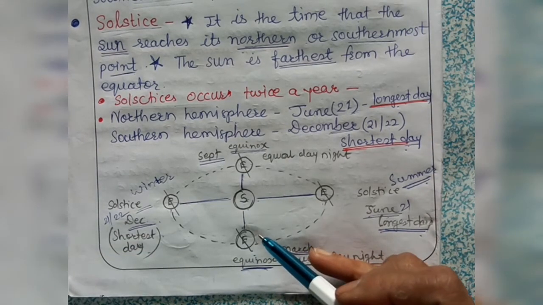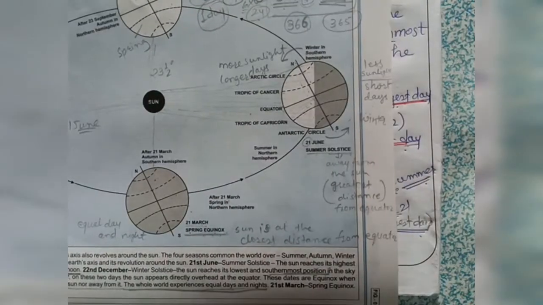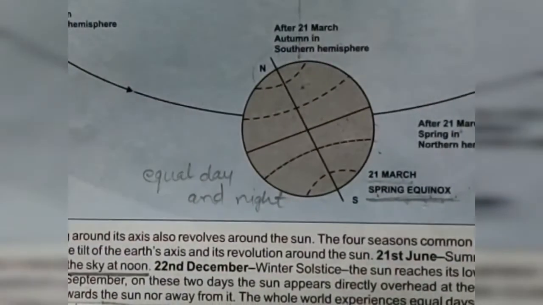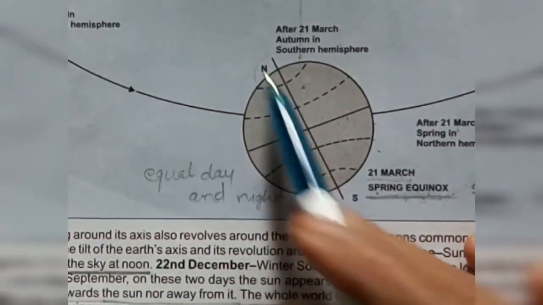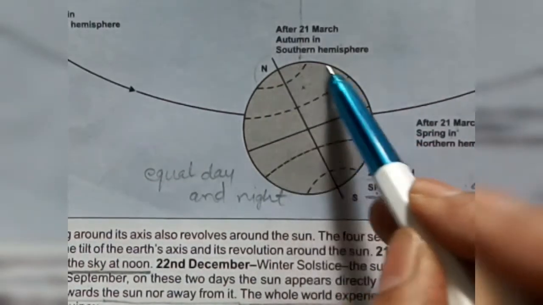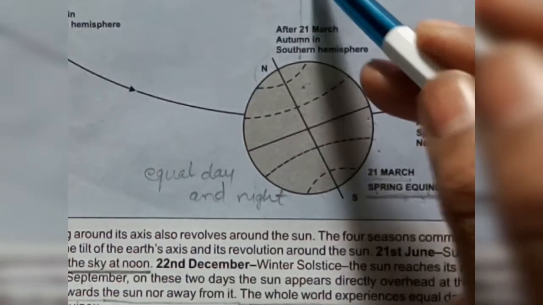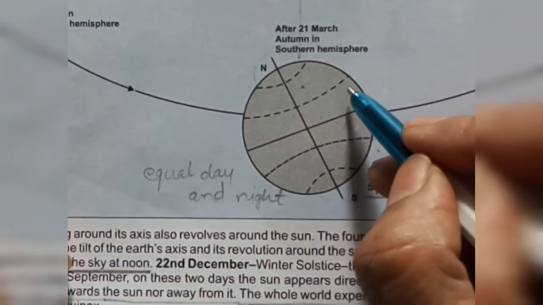Okay, in the diagram I will show you again. Here you can see this is the earth. It is tilted towards the north, meaning most of the northern hemisphere is facing the sun, and that's why here it is the spring season.